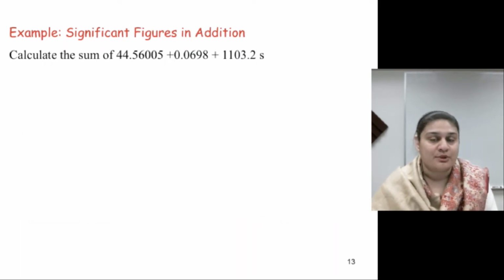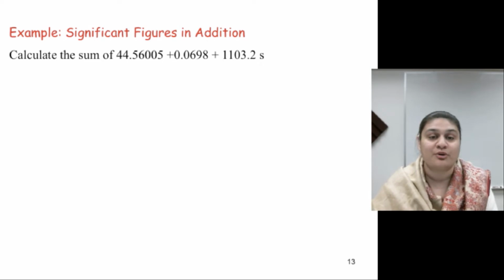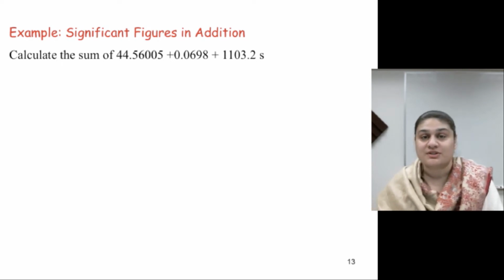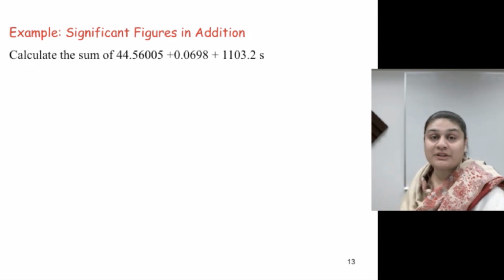Now, as an example, let's look at significant figures and additions. For example, if you were to calculate the sum of 44.56005, 0.0698, and 1103.2 by hand, how would you do this? So now let's go look at what the answer is going to be.